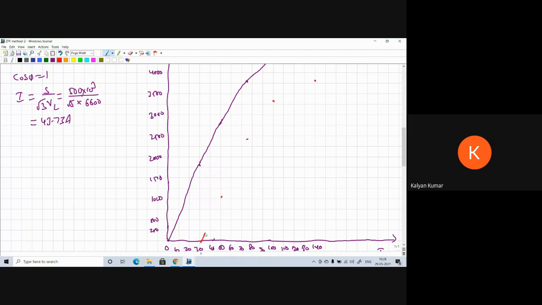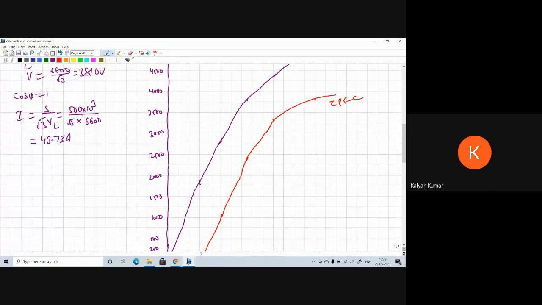If we join all these points, then we are going to get the zero power factor curve. Sorry, this point is wrong.